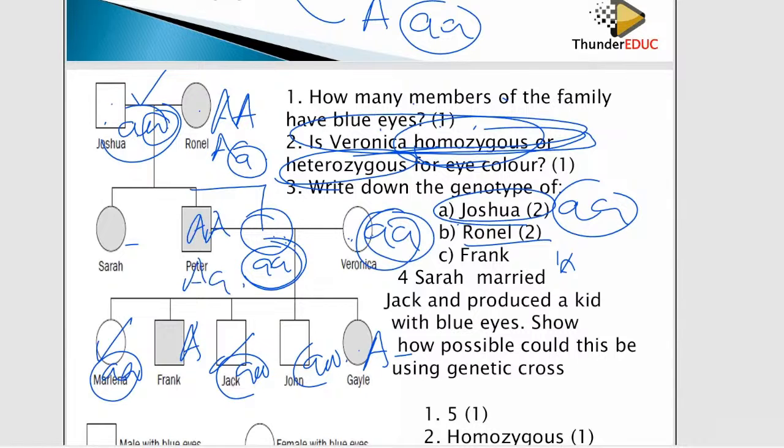So I don't know based on this. That's why we say that Ronel is either capital A, capital A, or capital A, small a.